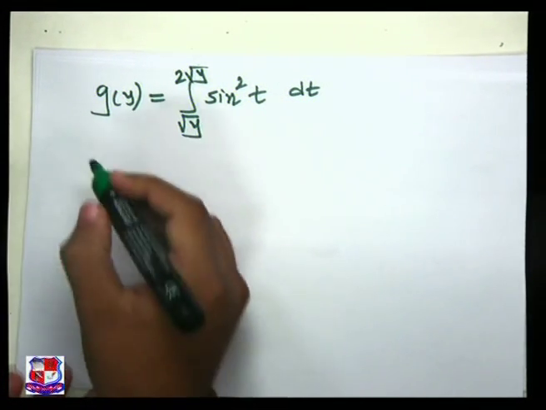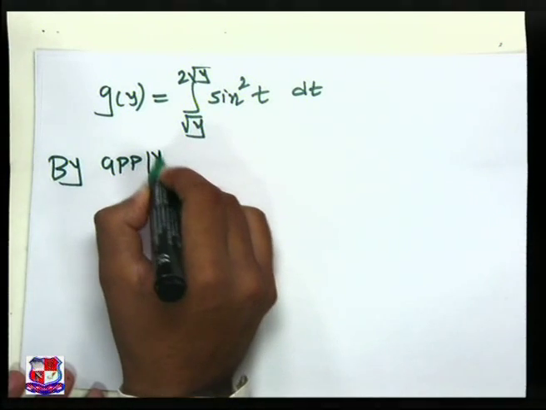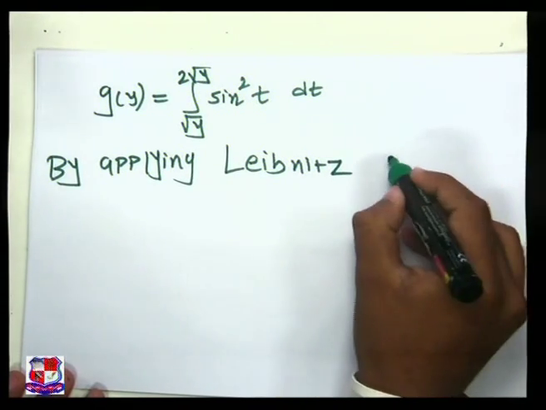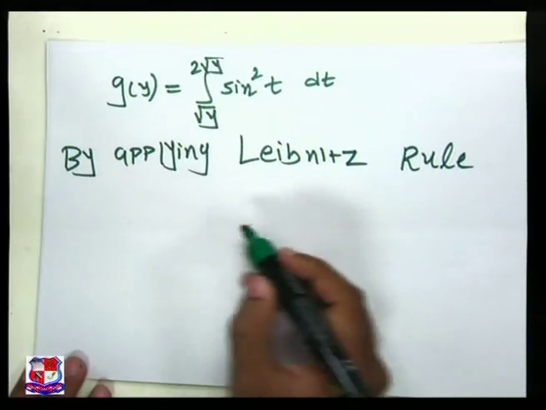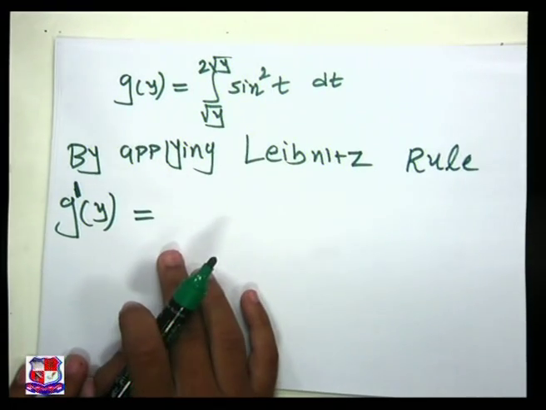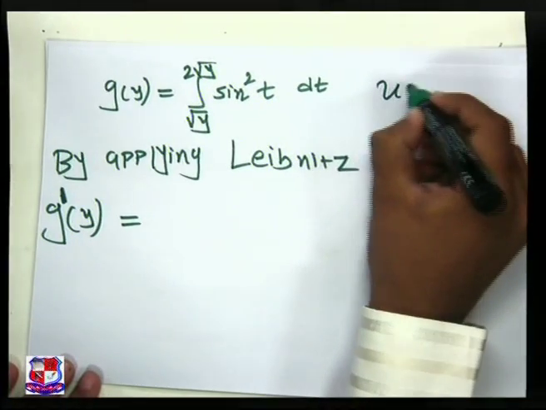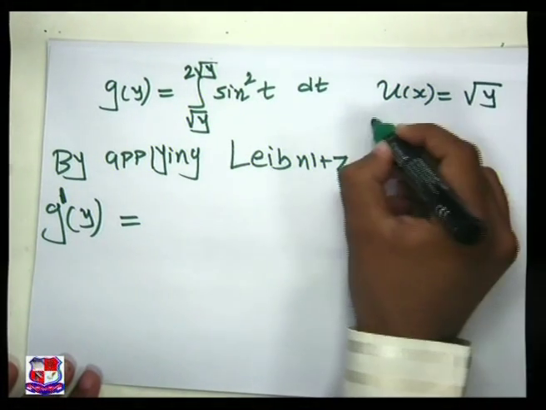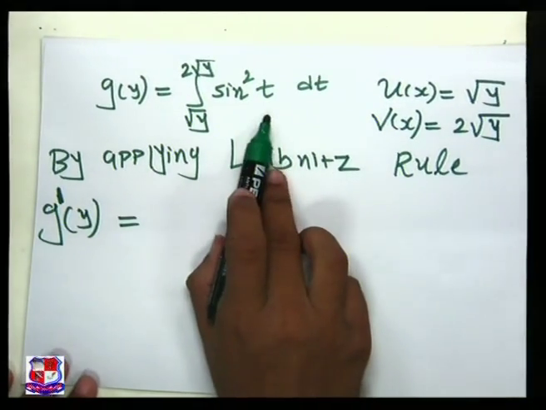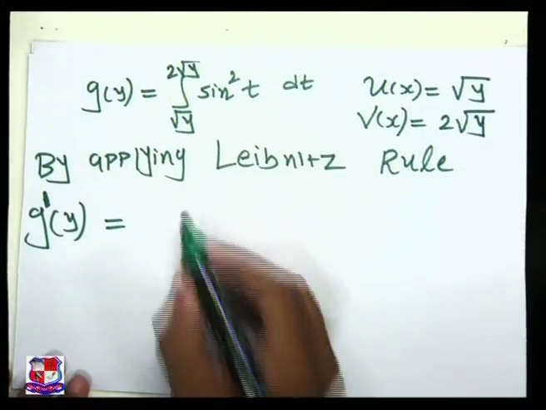By applying Leibniz rule, g dash y is equal to, you can see, ux is equal to root y, vx is equal to 2 root y, and function f of t is sin square t. Okay, so this is our formula.